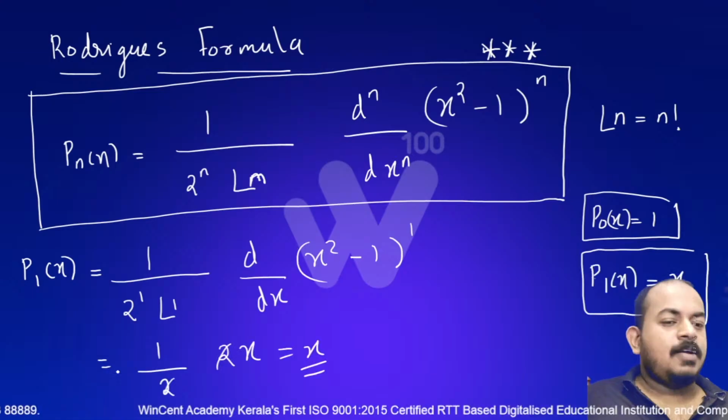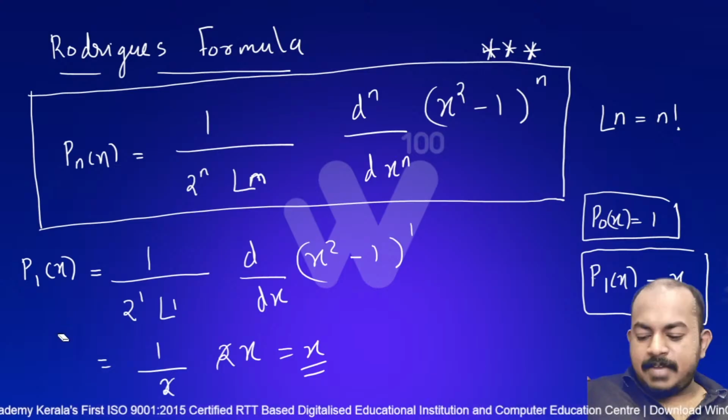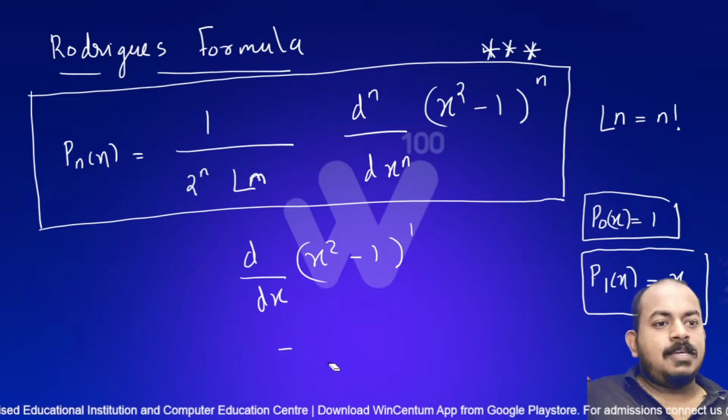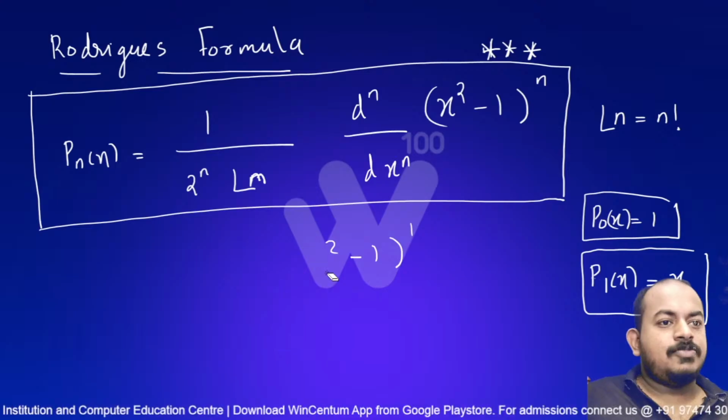All right. So similarly, we can find other terms, p2 of x, p3 of x, and p4 of x, etc. Suppose we are trying to plot Pn of x against x.